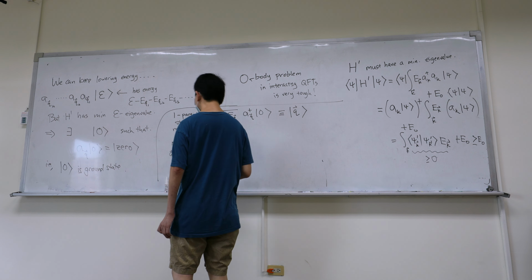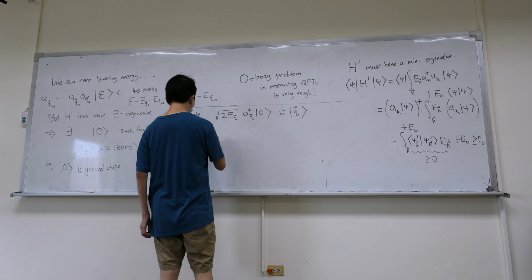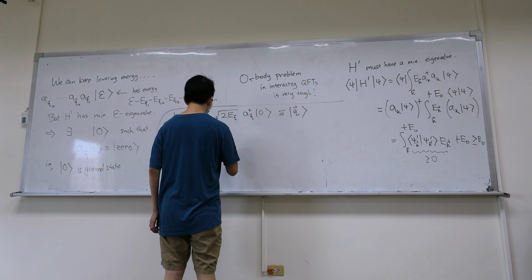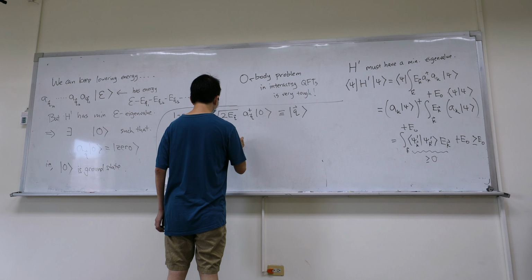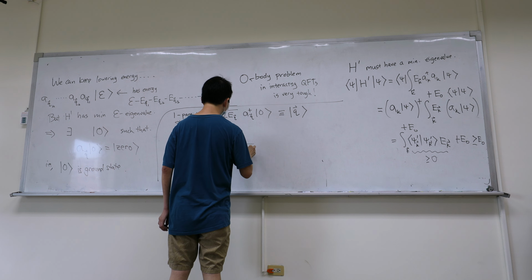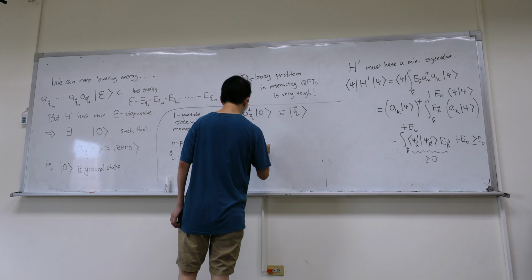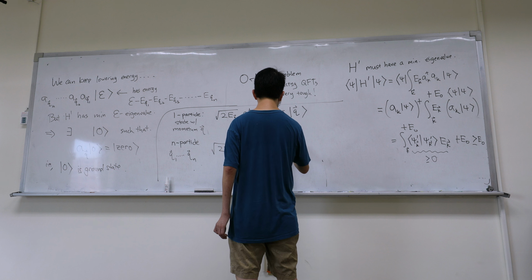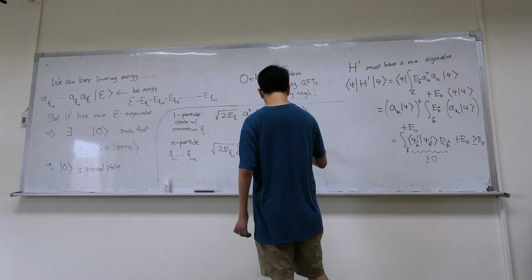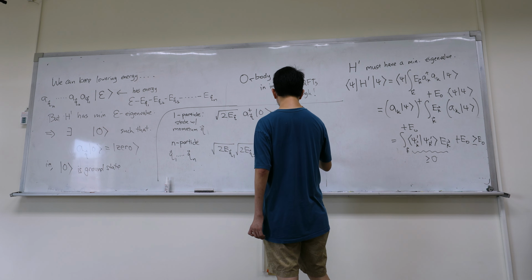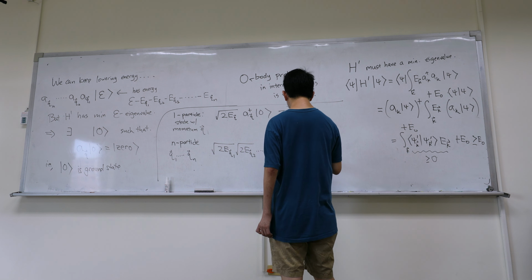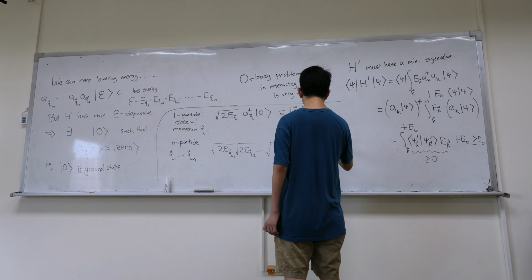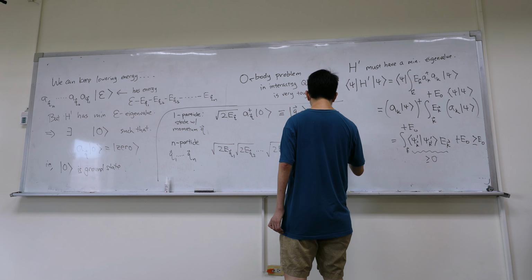So the n particle state with Q1 to Qn will be square root of 2E_Q1 times square root of 2E_Q2, all the way to square root of 2E_Qn. And then I will have my raising operators, a_Q1 dagger, all the way to a_Qn dagger, acting on the ground state.